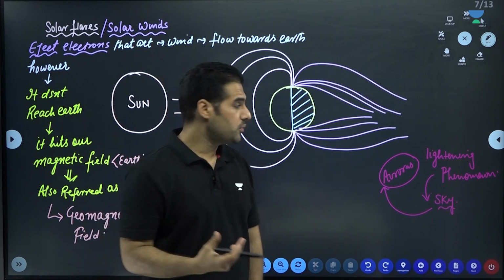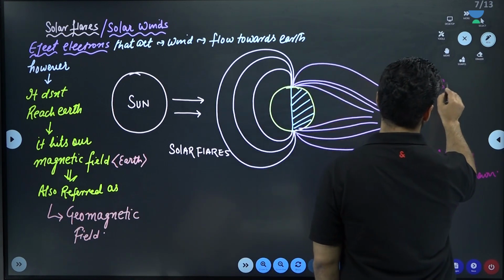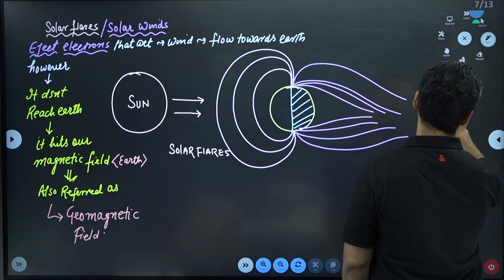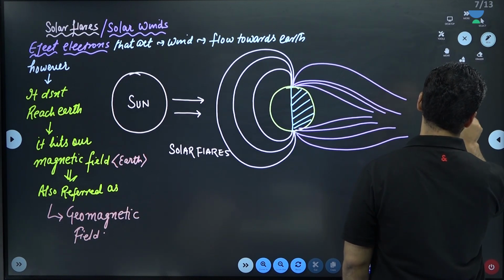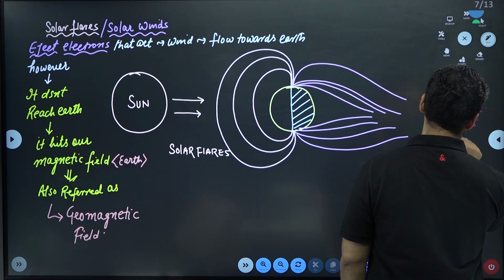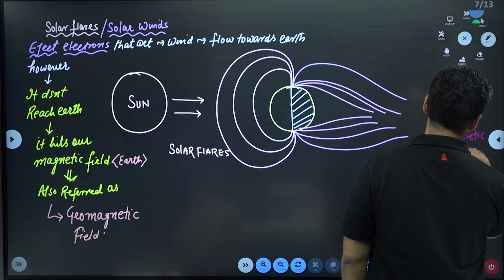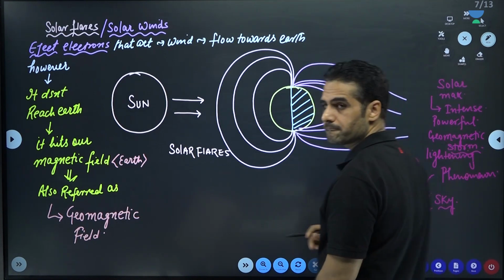So, hope you are clear when I say there is solar maximum. So, what will the geomagnetic storm be? It will be very intense, or we can say a very powerful geomagnetic storm. Hope it is clear.